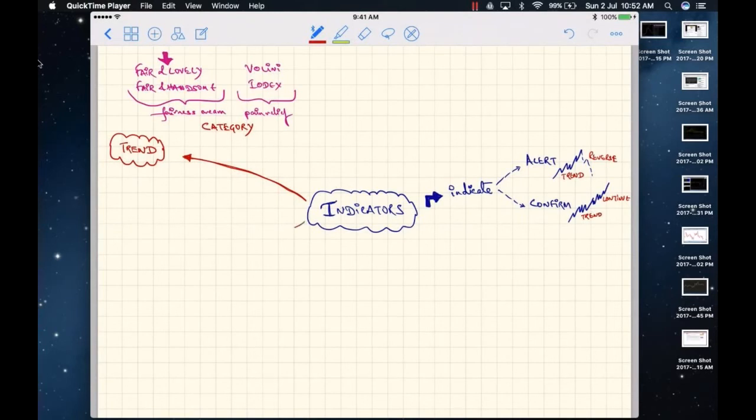The second category is momentum. Also equally important, momentum. The third category is volumes or breadth or participation of the market.